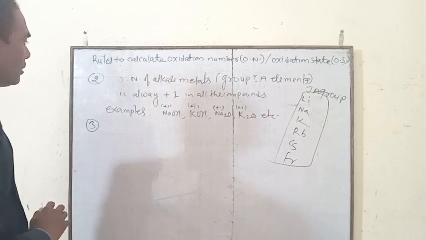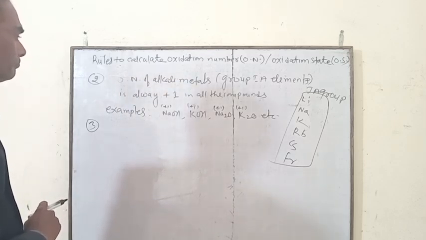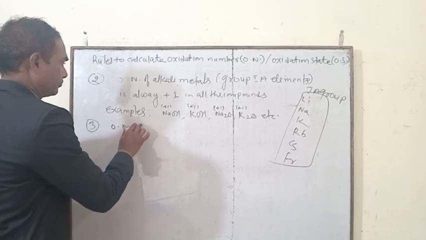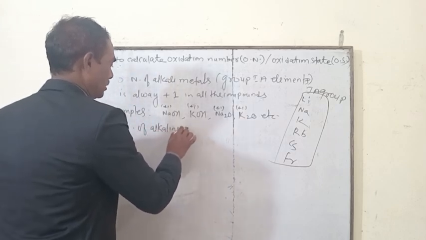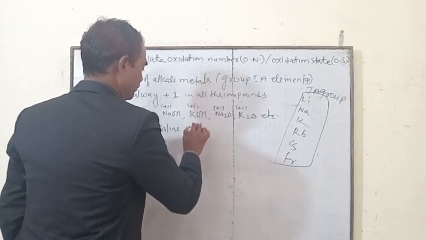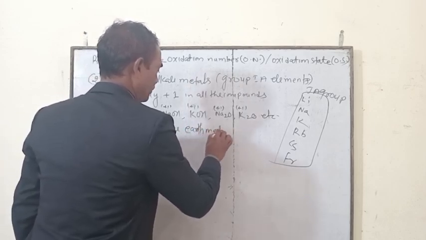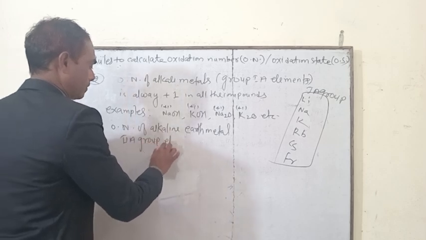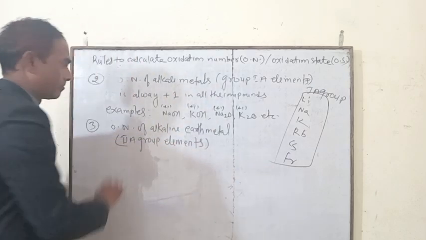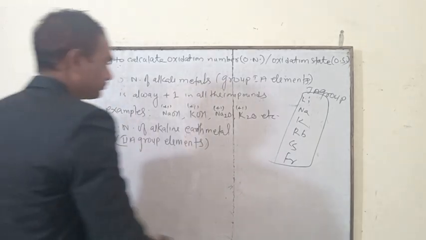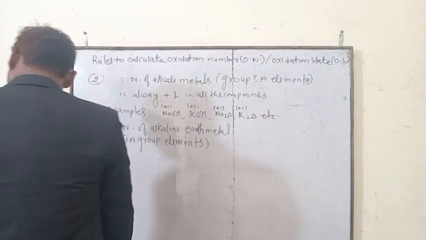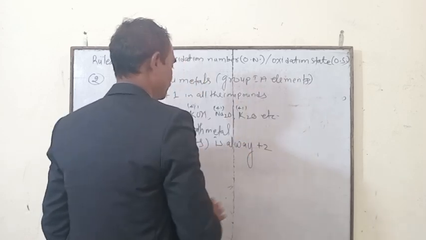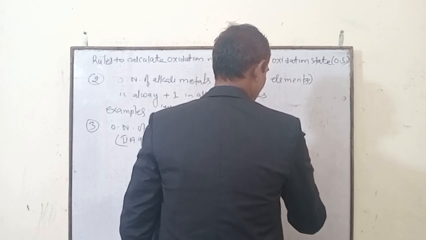Third rule: oxidation number of alkaline earth metals, second A group elements, is always +2 in all the compounds.